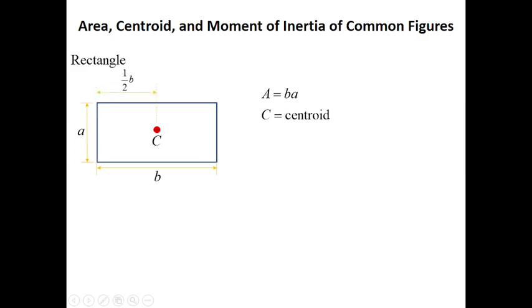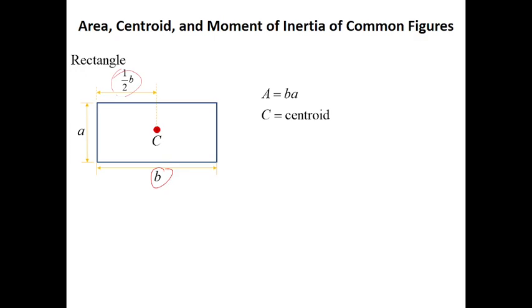And for the centroid, if we are to measure horizontally from one end of the rectangle up to the centroid, the horizontal distance, we consider this horizontal distance to be one half of the total length of the rectangle, one half base.